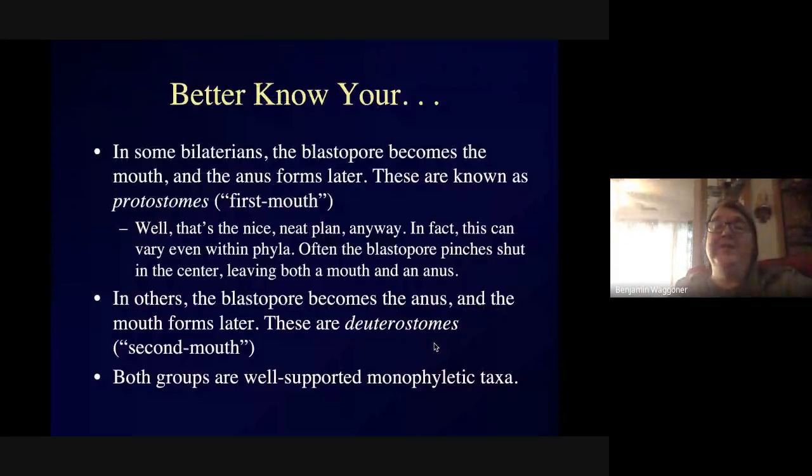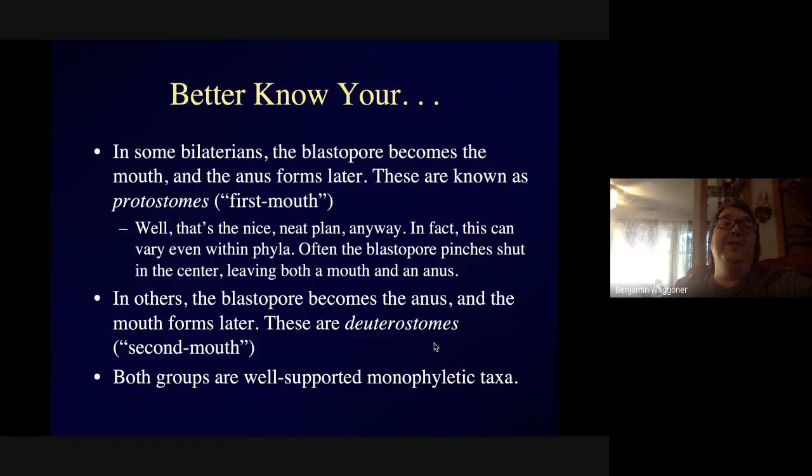And in some bilaterians, the blastopore becomes the mouth, and the anus has to form later. Often that tube will grow and grow, and eventually it will kind of break through on the other side, and you'll have a tube within a tube, as it were. You have a mouth and an anus, and the anus forms secondarily. Animals that do that are called protostomes. Protos is Greek for first, stoma is mouth. Protostomes means first mouth.